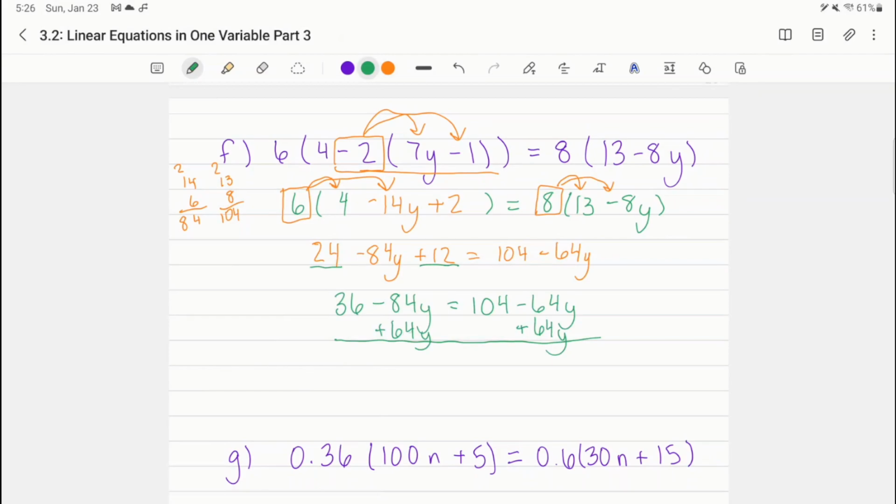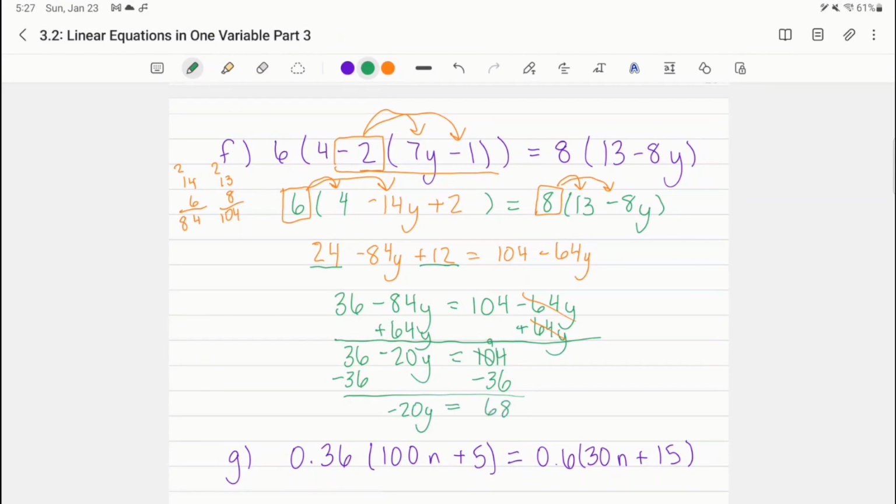Negative 84 plus 64 is negative 20y. The 64's cancel out, and we're left with 104. Subtract 36. Subtract 36.